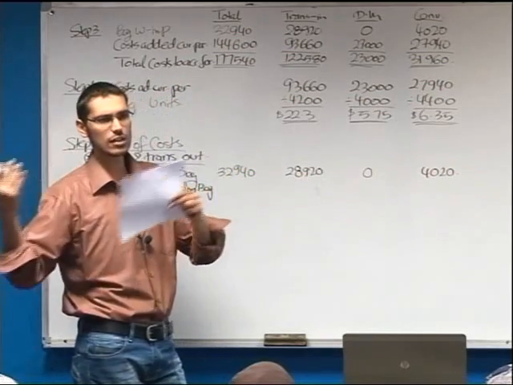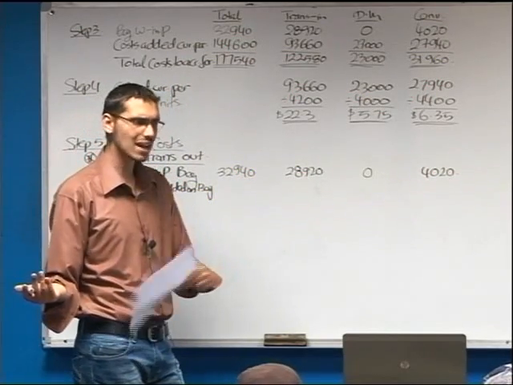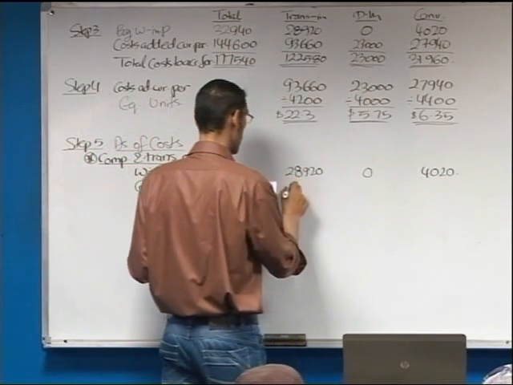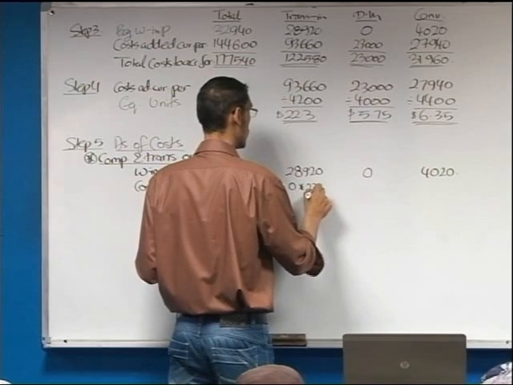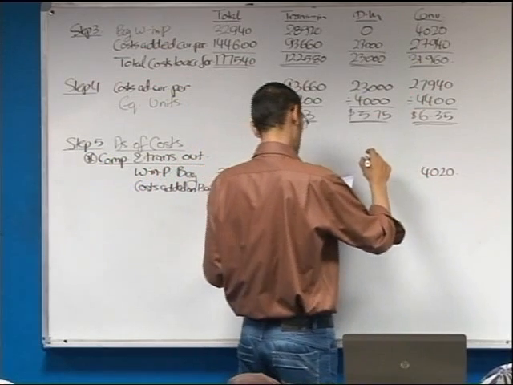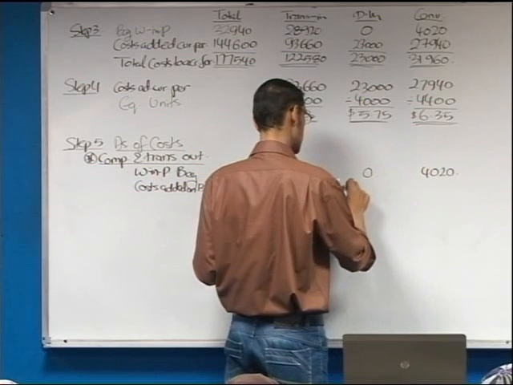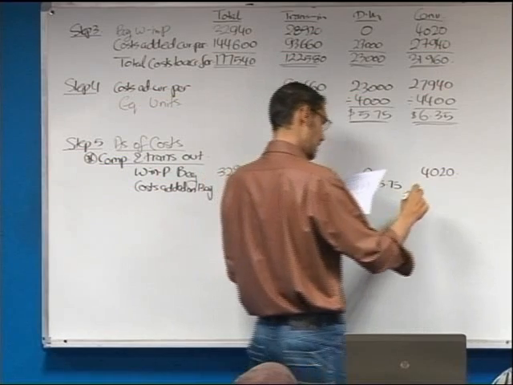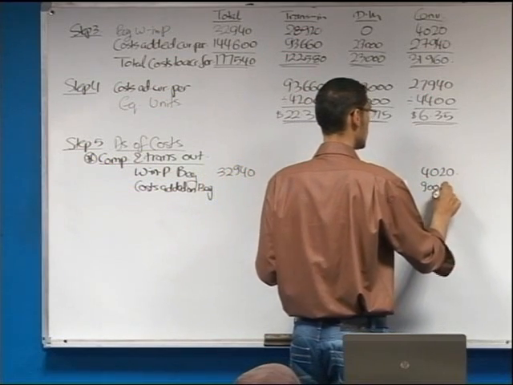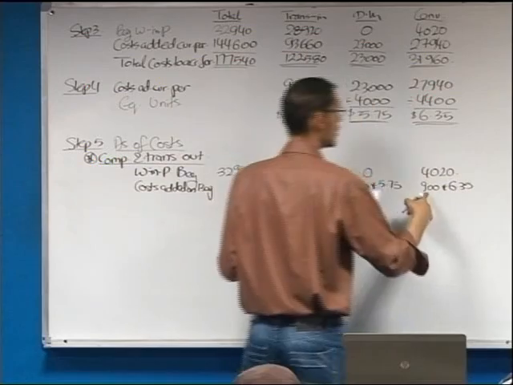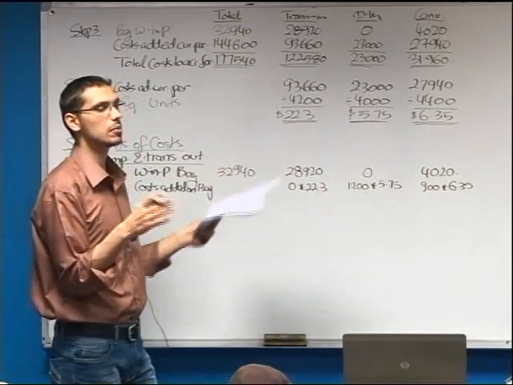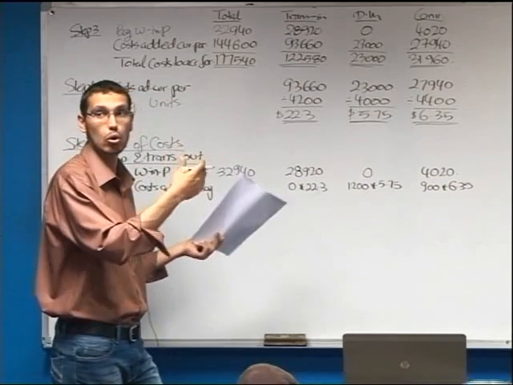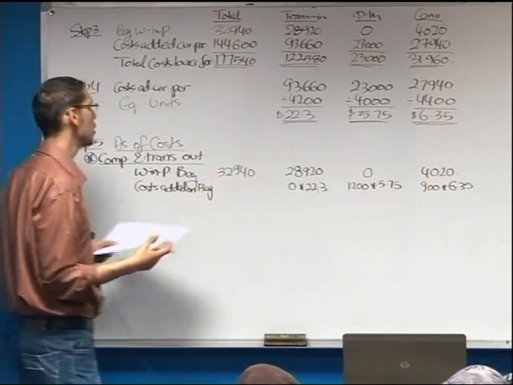Of course, we have calculated the equivalent units for this category, correct? We have calculated for the transferred in 0 units, multiplied by 22.3, 1,200 units multiplied by 5.75, and 900 multiplied by 6.35. Here we are multiplying the equivalent units that were calculated in step number 2 by the costs that were calculated in step number 4.